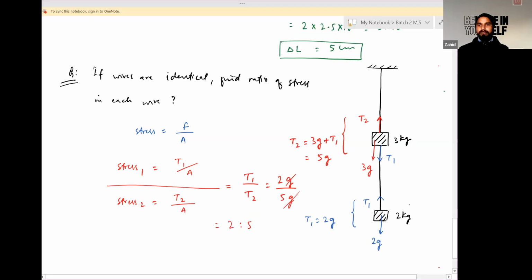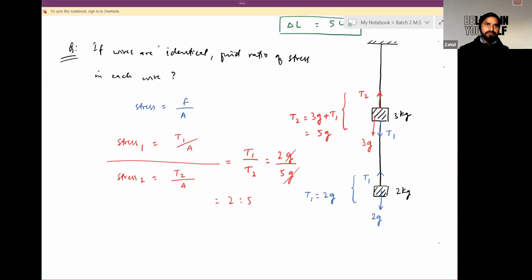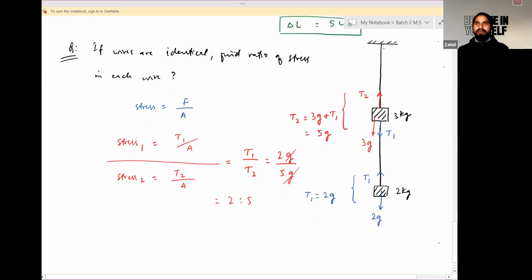Now this question may be asked like this. If you define tension at this top point, it will be along this direction as T2. So you may resolve this part as horizontal. We have a block like this and another like this.